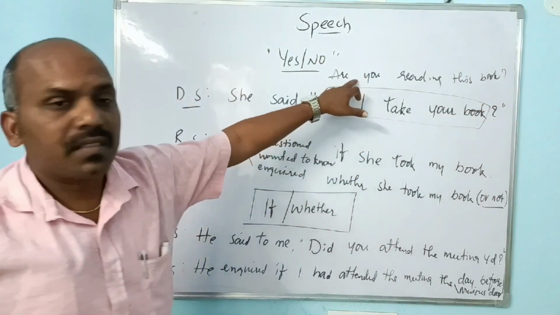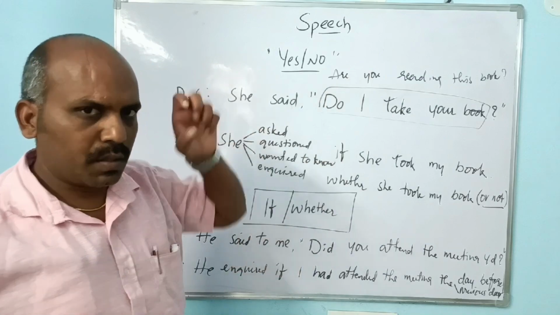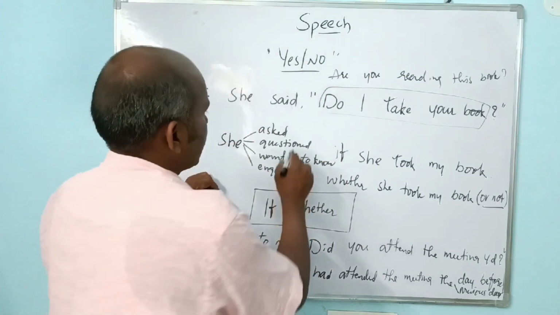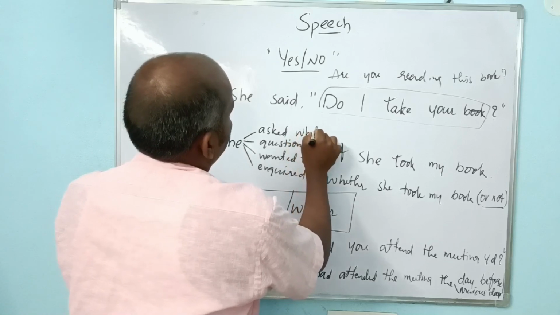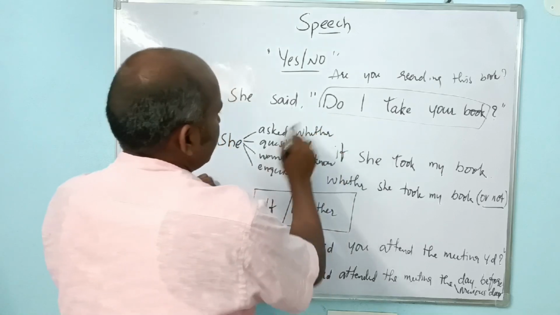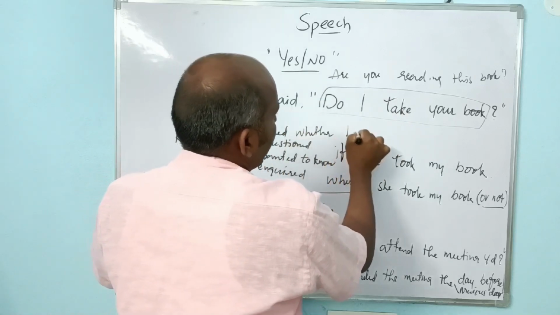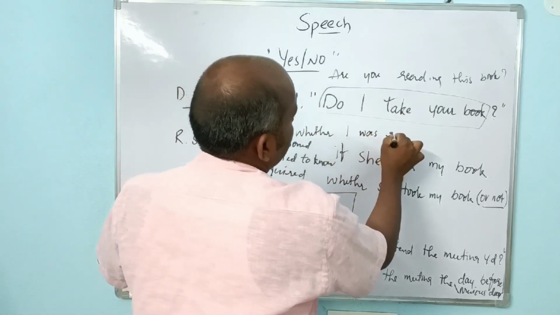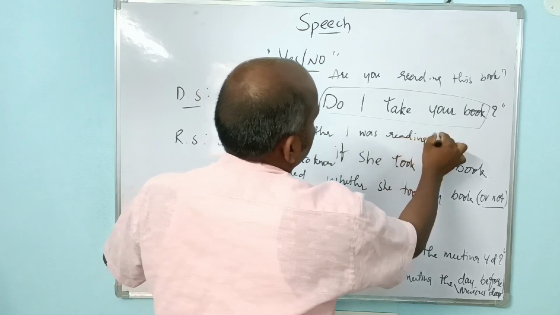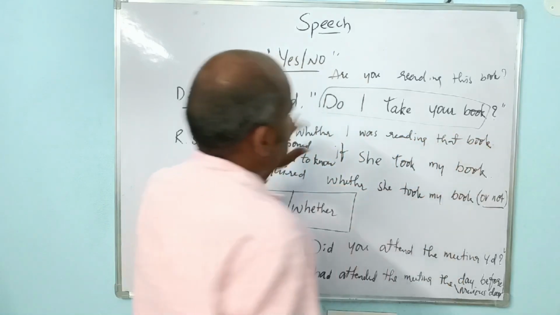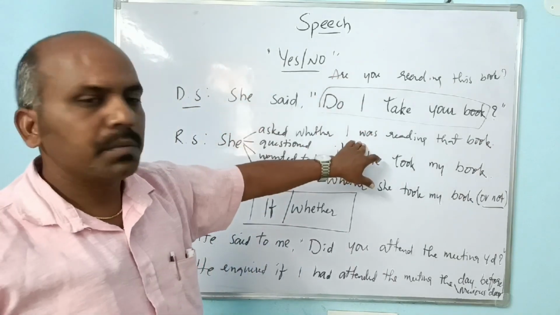Present continuous tense changes, according to our table, into past continuous, right? Then she asked whether I was reading that book. So present continuous changes into past continuous.